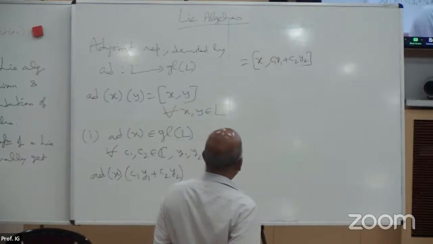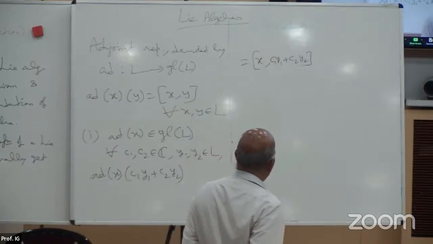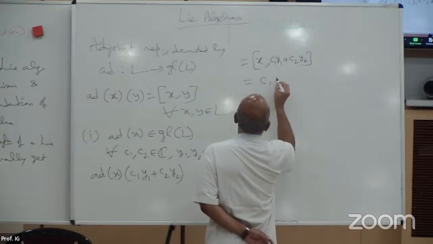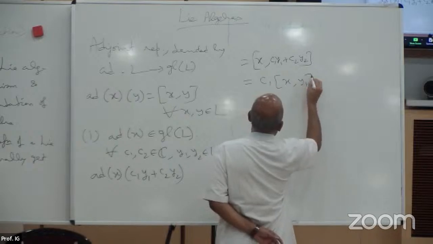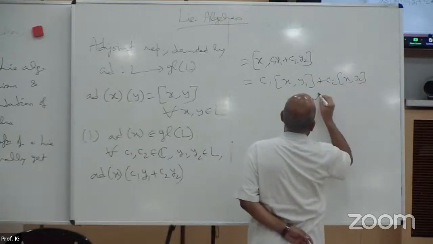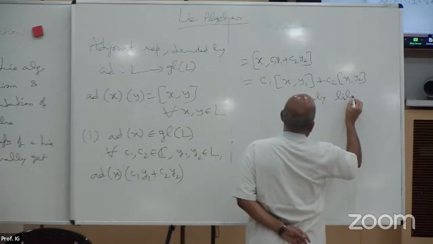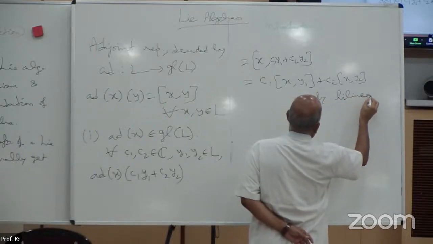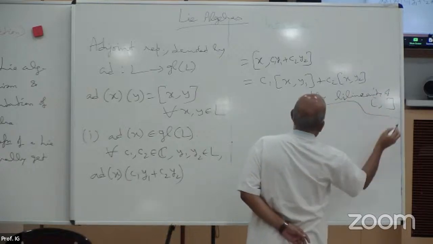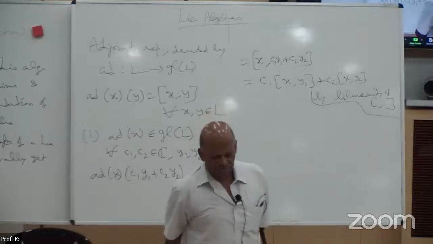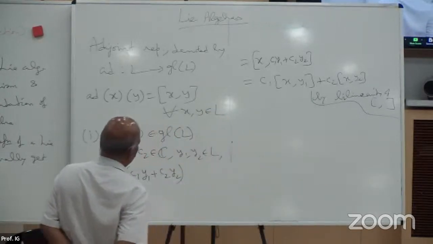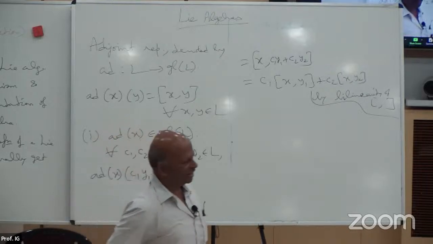By linearity of the bracket, we know that this is nothing but c1 [x, y1] plus c2 [x, y2]. We have fixed x here, and the second variable only we are changing. Bilinearity precisely means that we fix one variable and in the other variable it is linear.